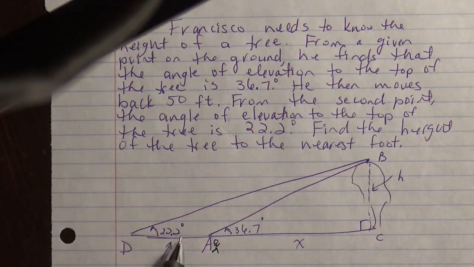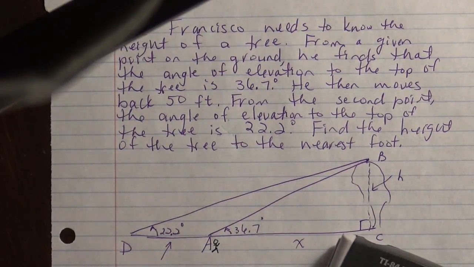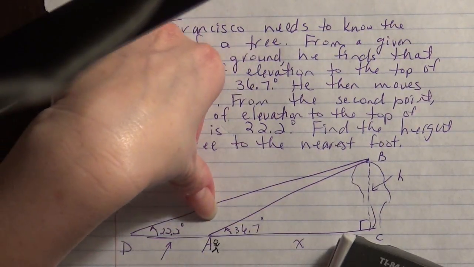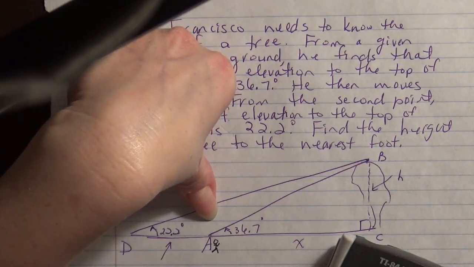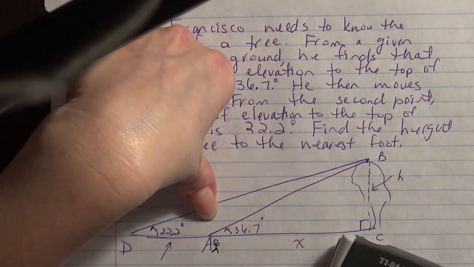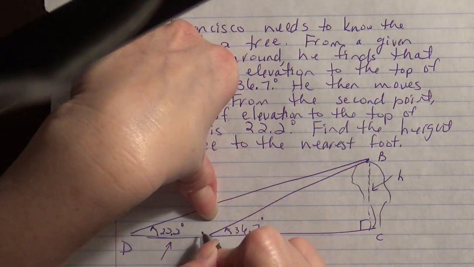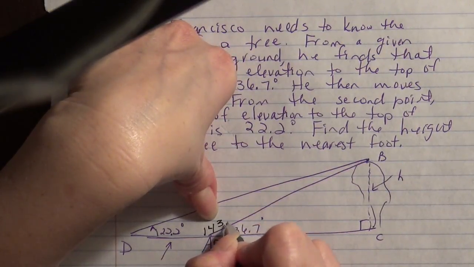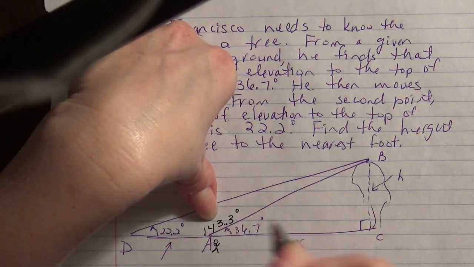If this is 180 degrees, and this piece is 36.7, I can find this piece by saying 180 minus 36.7. That's 143.3. I'm not sure if we'll actually use this or not, but I'll write it down.